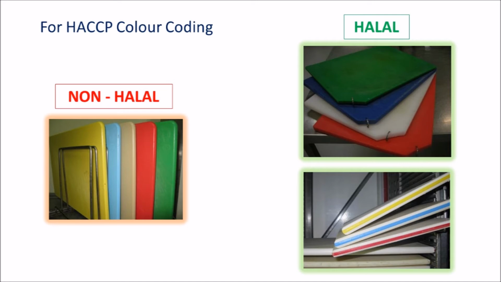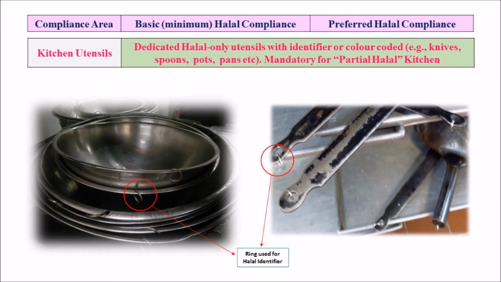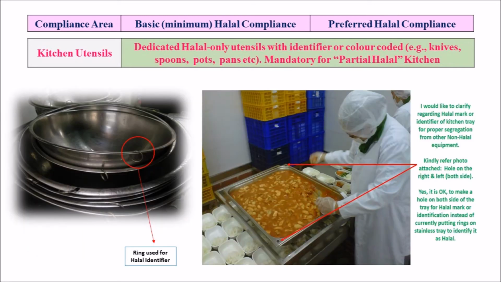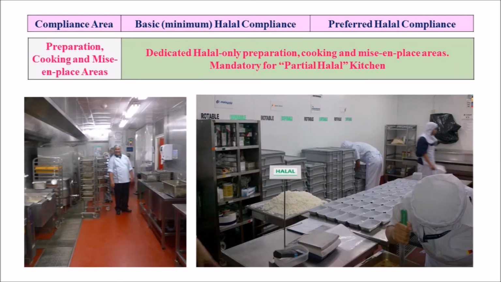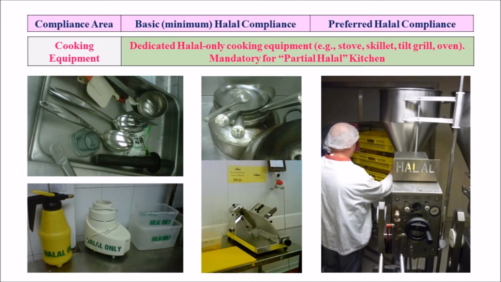If you follow only the basic minimum, you don't get full marks. You still meet the standard, but you don't score more points. But if you have dedicated, it's better. If you can't, you still use the basic one and are considered meeting the minimum standard.